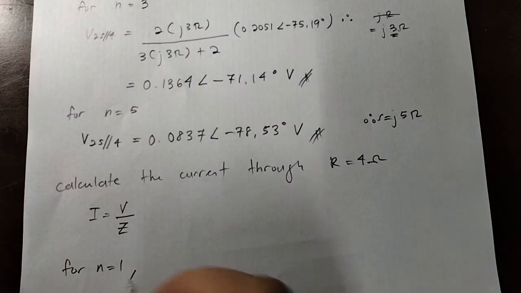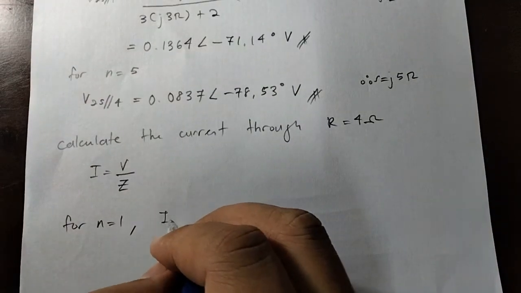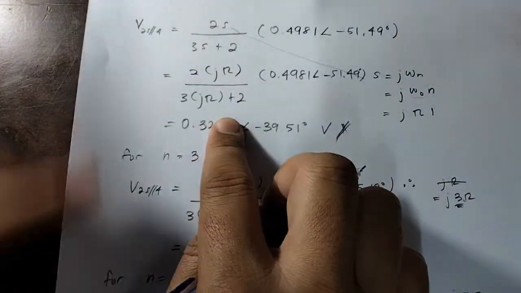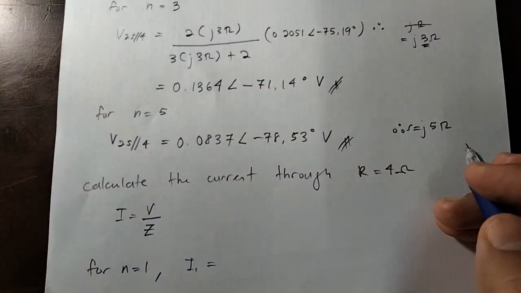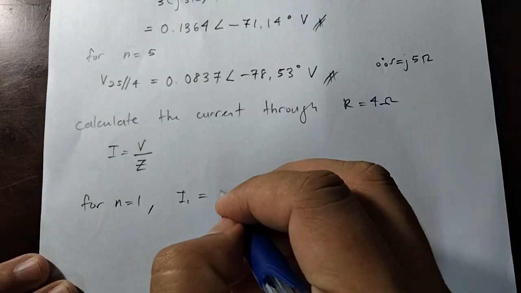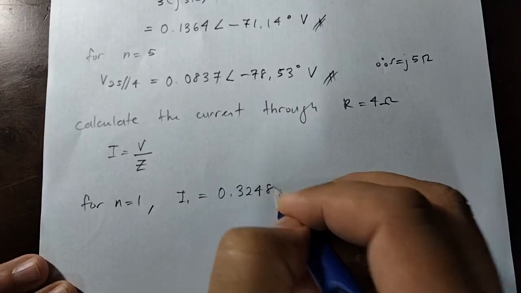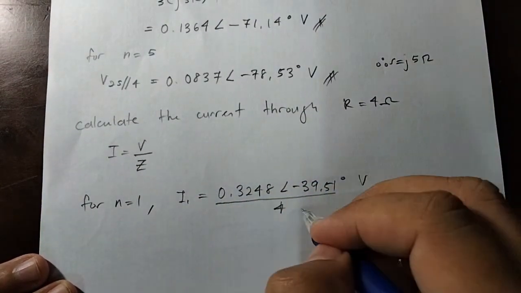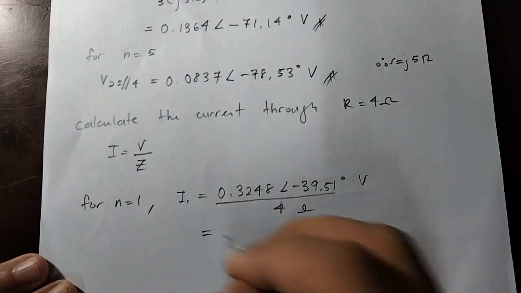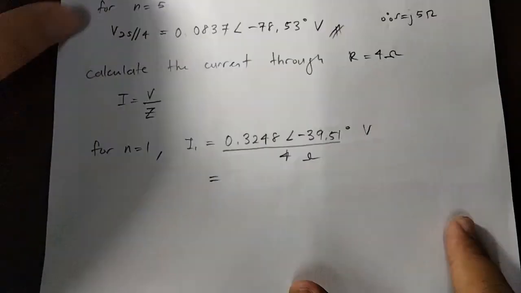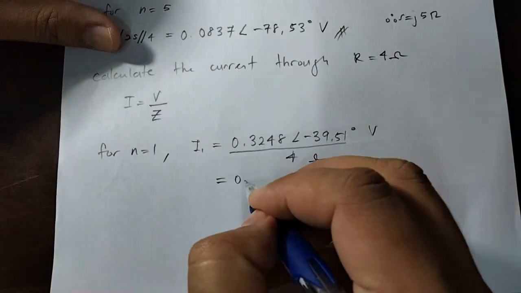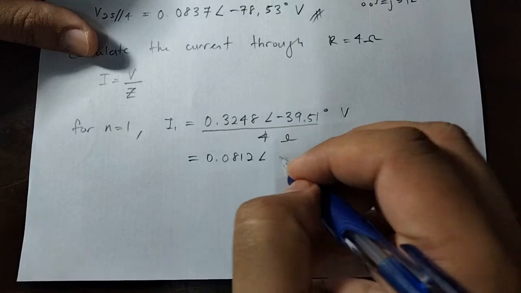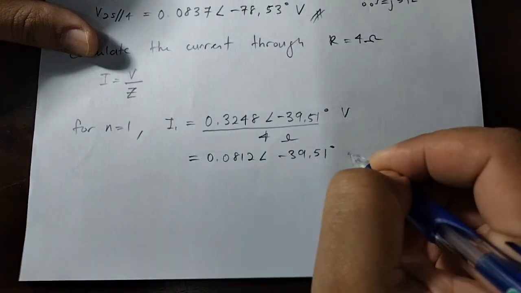So for n equals 1, I want is basically use the voltage for n equals 1. Right, that is 0.3248 with angle negative 39.51 degrees. So it's 0.0812 with angle negative 39.51.